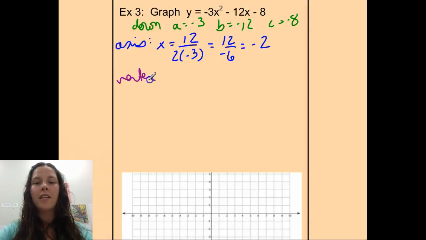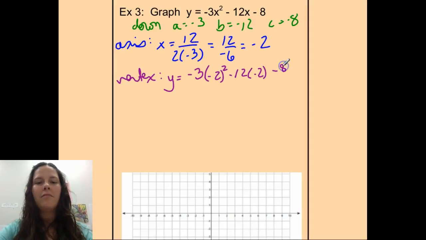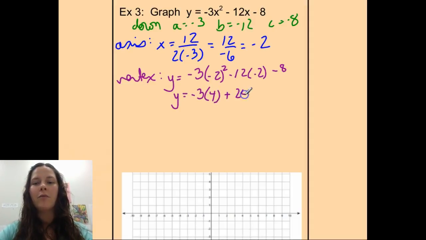Finding our vertex, we'll take that x value and substitute it back in for x to solve for y. So we have negative 3 times negative 2 squared minus 12 times negative 2 minus 8. Order of operations, square your 2 before you multiply it by the negative 3. Negative 12 times negative 2 is a positive 24 minus 8.